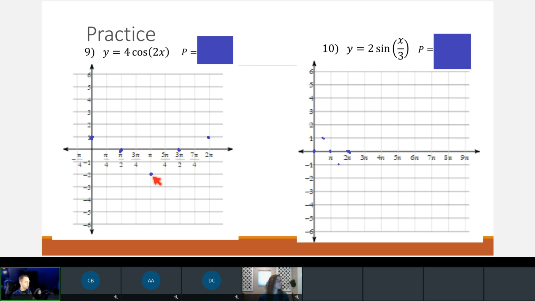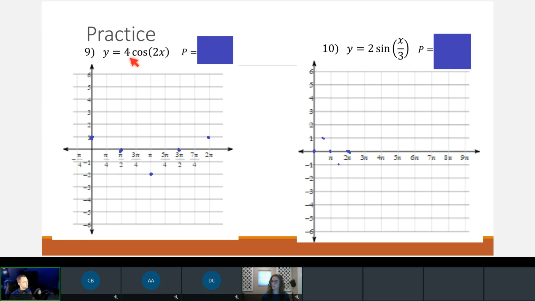And then it crosses our midline halfway between those points, so at pi over 2 and at 3 pi over 2. So the standard cosine of x starts here, and we just connect the dots in a wavy motion. All right, so let's figure out the amplitude and the period.